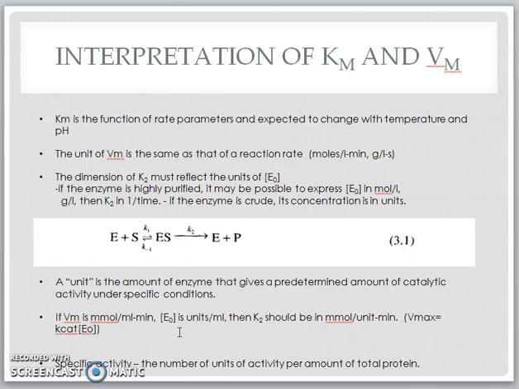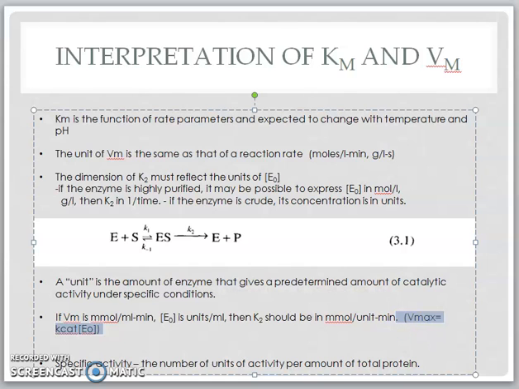It is the number of substrate molecules that are converted into product by the enzyme per unit time, which means it is a reaction rate, when the enzyme is fully saturated with substrate. You can use this equation in order to find the value of Kcat.